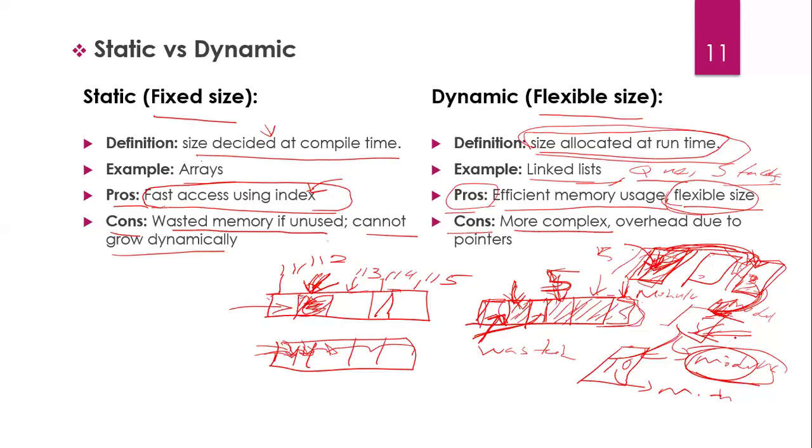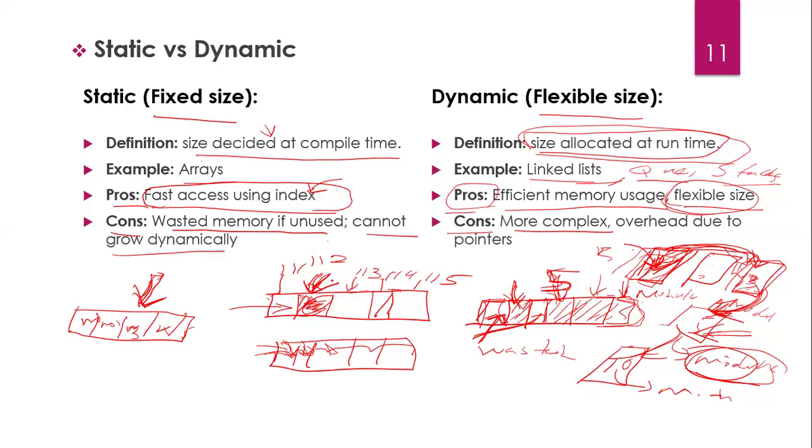Do you understand this? Yes, sir. Okay, so this is more complex. I cannot directly access the module I want. But if I have stored these modules in an array, module 1, module 2, module 3, module 4, and if I want module 3, I can directly get that module from here.